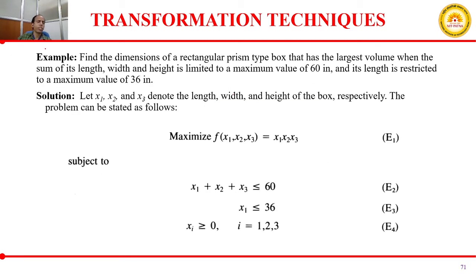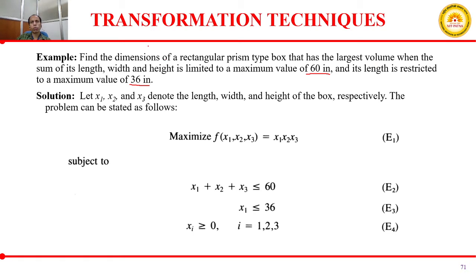The example is: find the dimensions of a rectangular prism type box that has the largest volume when the sum of its length, width and height is limited to a maximum value of 60 inch. The length is restricted to a maximum value of 36 inch.